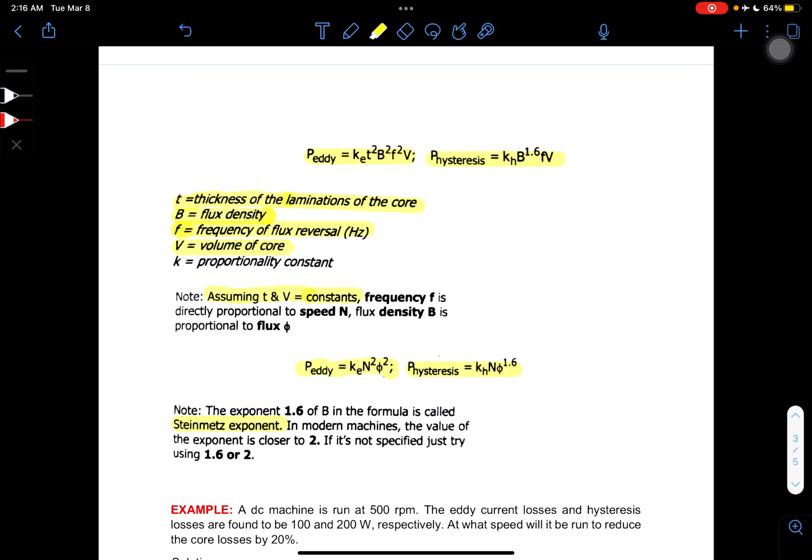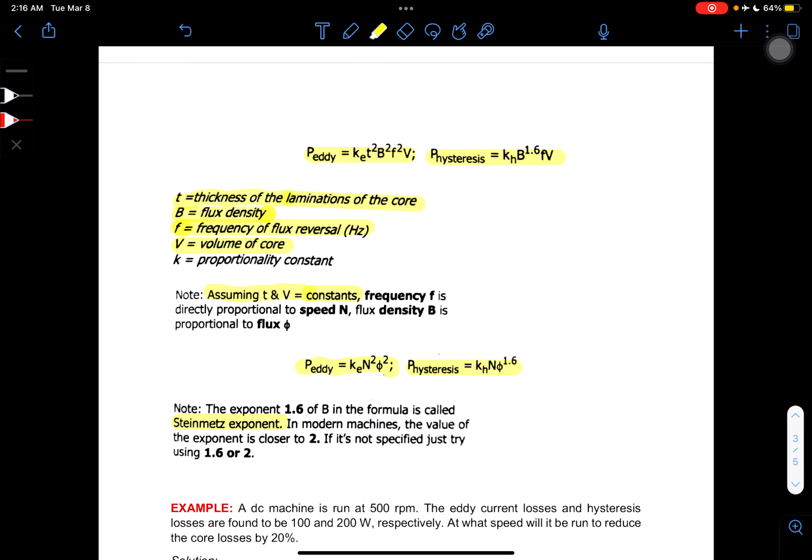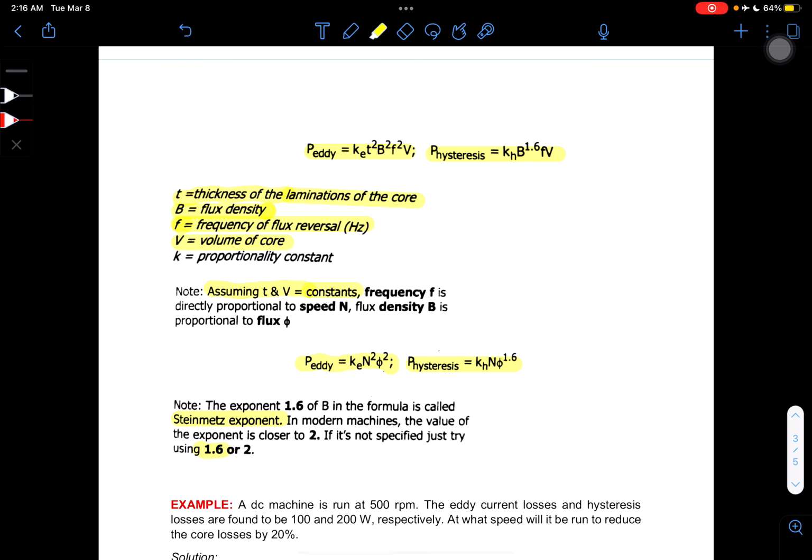So it is a constant. In modern machines, rather, the value of the exponent is closer to 2. If it is not specified, just try using 1.6 or 2. So if wala gi-classify, pwede ta mogamit og 1.6 or 2. But mostly ang ginagamit nato sa formula is 1.6.